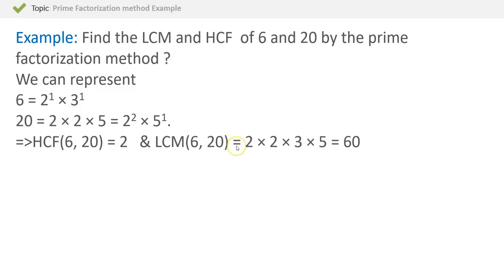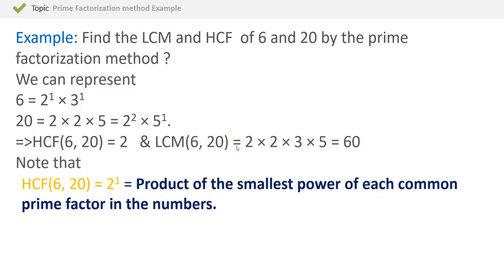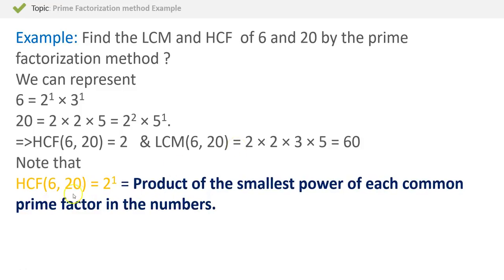How is this calculated? Let's take a look. Remember, the HCF of 6 and 20 is equal to 2 to the power 1, which is the product of the smallest power of each common prime factor in the numbers.